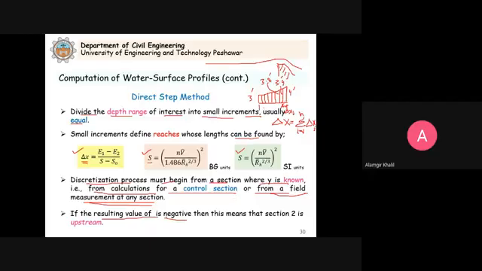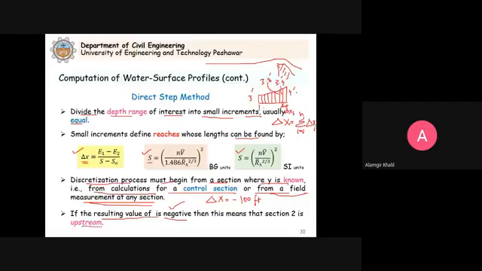This can come as the answer, so it does not mean it is incorrect. If the resulting value is negative, this means that section 2 is upstream. For example, for 4, now 3 is upstream. So when you calculate delta x, it will be negative, and you will write down that 3 feet is upstream of 4.